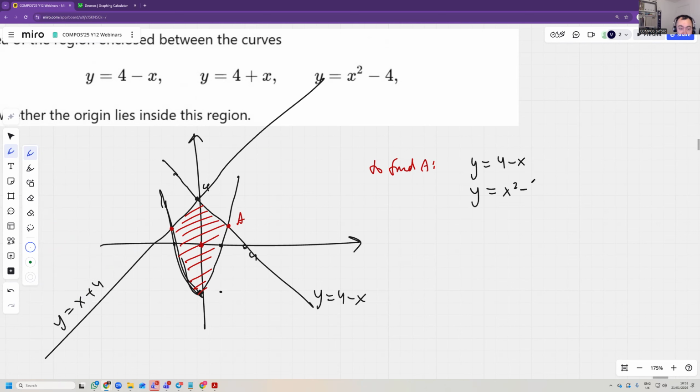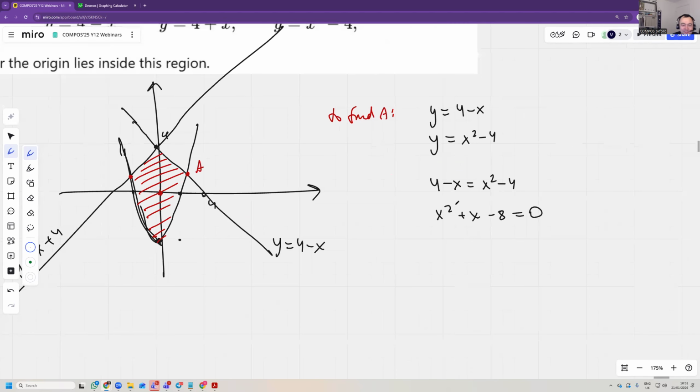y equals x squared minus 4. So 4 minus x equals x squared minus 4. x squared plus x minus 8 equals 0. It's not going to be pretty. It's going to be x plus a half squared equals 8 and a quarter, so it's 33 quarters.